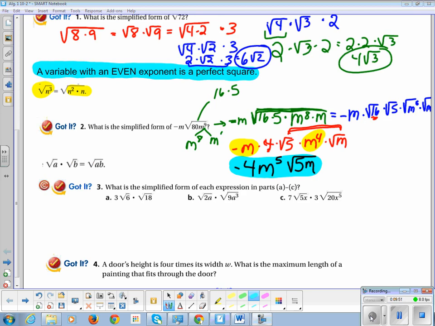All right, so let's simplify a couple of these. Now I'm multiplying these crazy things together. So let's simplify and see where it gets us.